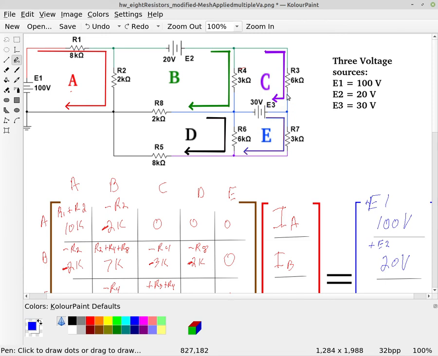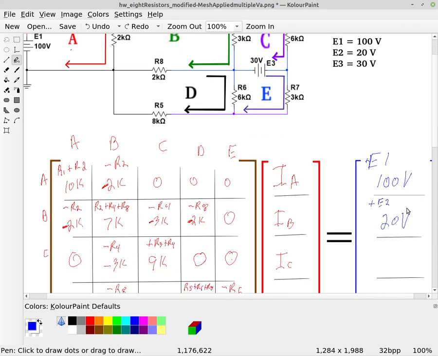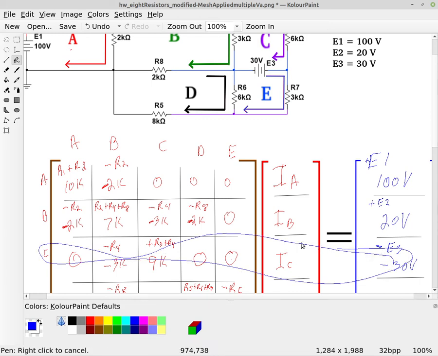Okay, so it's opposing the loop C current, and so therefore we'll put minus E3. It's going to be a minus 30 volts in the C column. So remember, this here is our C column here. And so that's, we look at all the voltage sources.